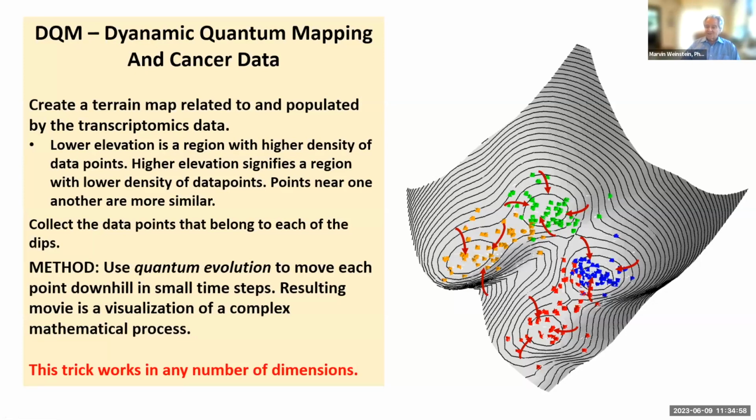Those elevations of those regions are determined by how many data points are in a given region locally. So regions where there's more data close to one another, those are regions of higher similarity for that data, as you see here.